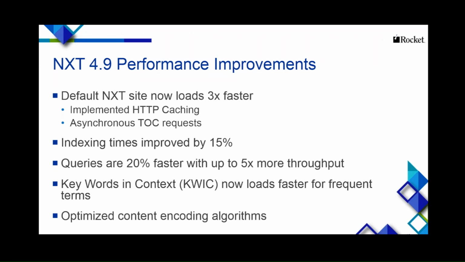We've improved indexing times by 15%. Queries are 20% faster with up to 5 times more throughput. And keywords in context, or words around hits when you're viewing search results, now load faster for frequent query terms.